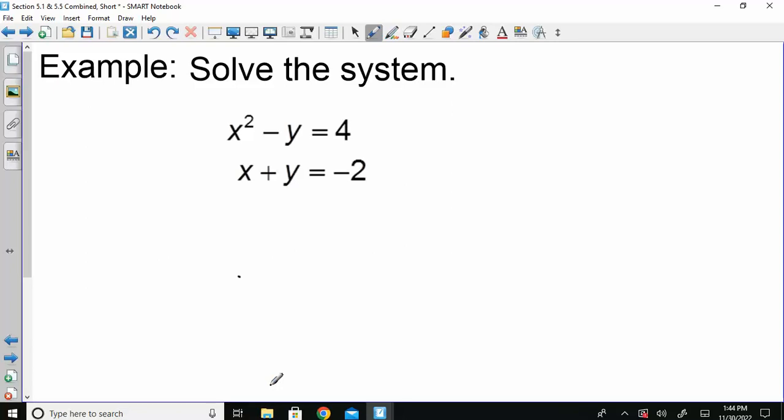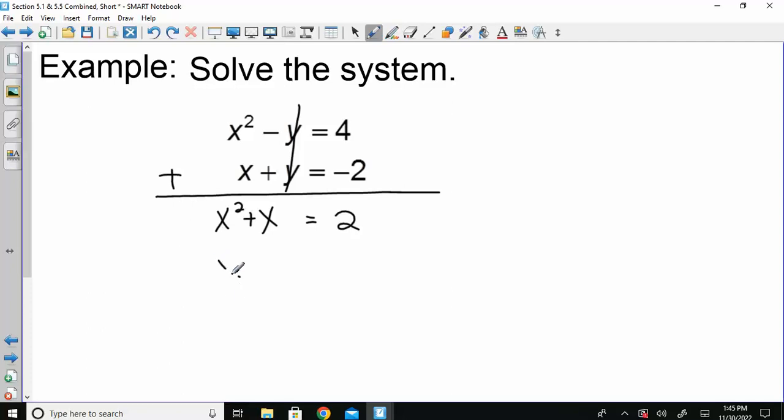I want to get rid of my y's because x squared and x, we can work with those. How could I eliminate my y here? Yeah, these are already opposite coefficients. If we just add these together, x squared and x are not like terms, so that's just x squared plus x. The y's cancel. 4 plus negative 2 is 2.